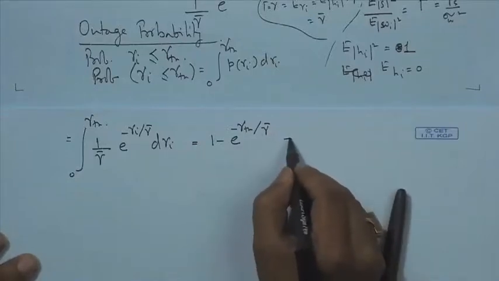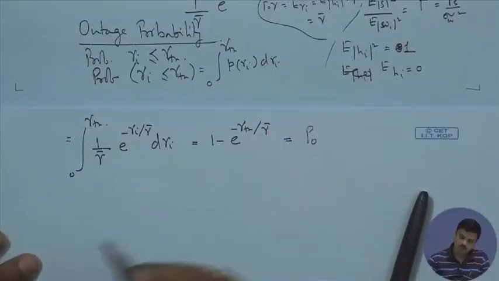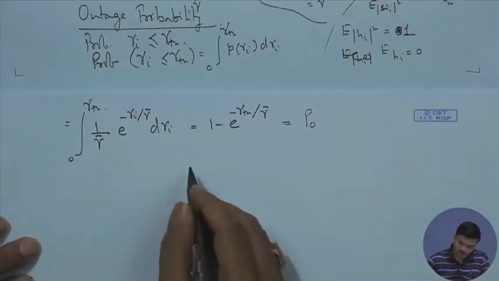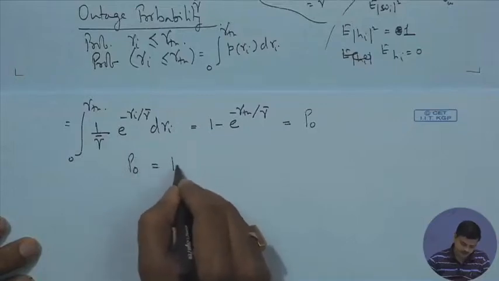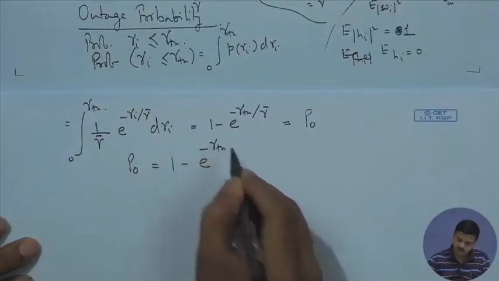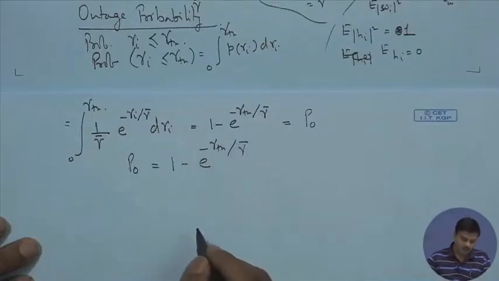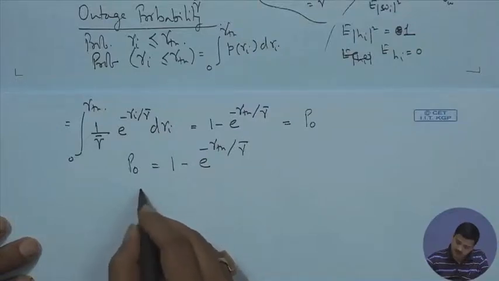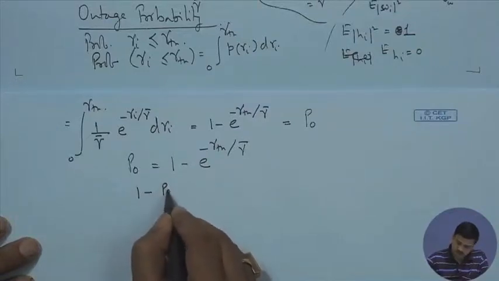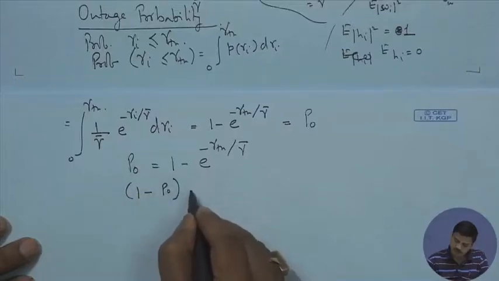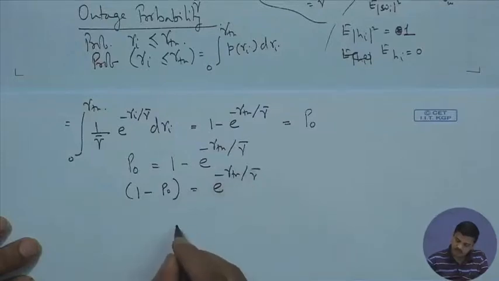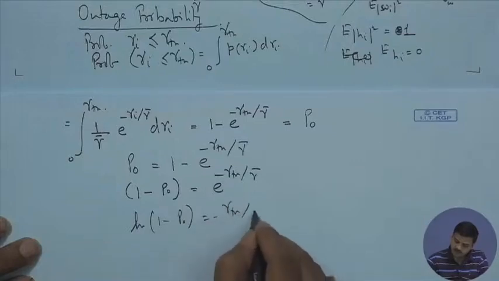So we can write this as p out or p0 is the probability that signal falls below the threshold, or you could also write that p0 is equal to 1 minus e to the power of minus gamma th by gamma bar, and then you could say that 1 minus p0, if I bring 1 minus p0 on this side, will be equal to e to the power of minus gamma th by gamma bar, and then you could write ln 1 minus p0 is equal to minus gamma th over gamma bar.